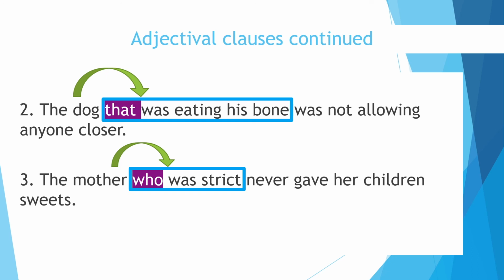The mother who was strict never gave her child sweets. Who is a relative pronoun. Does "who was strict" tell us more about the mother? Yes. Now, "who was strict", is it a phrase or is it a clause? Use SNT to check. "Who was strict" is therefore our adjectival clause.